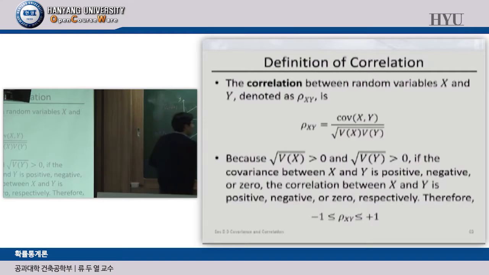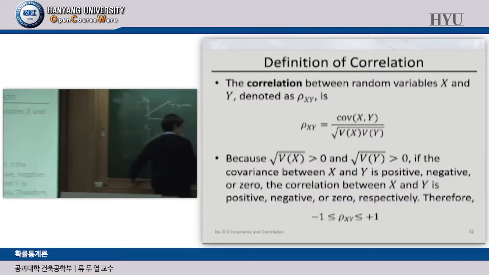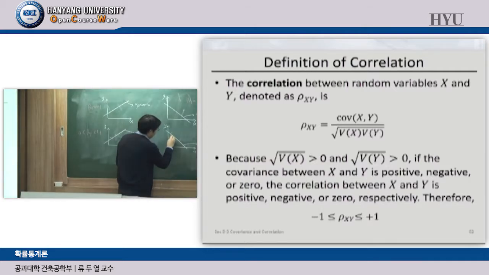Okay? And what about this case? There is the x and there is the y, and we have this linear line, that is y is equal to minus ax plus b, and we obtain this kind of data point here. The rho xy is between 0 and -1. Okay?